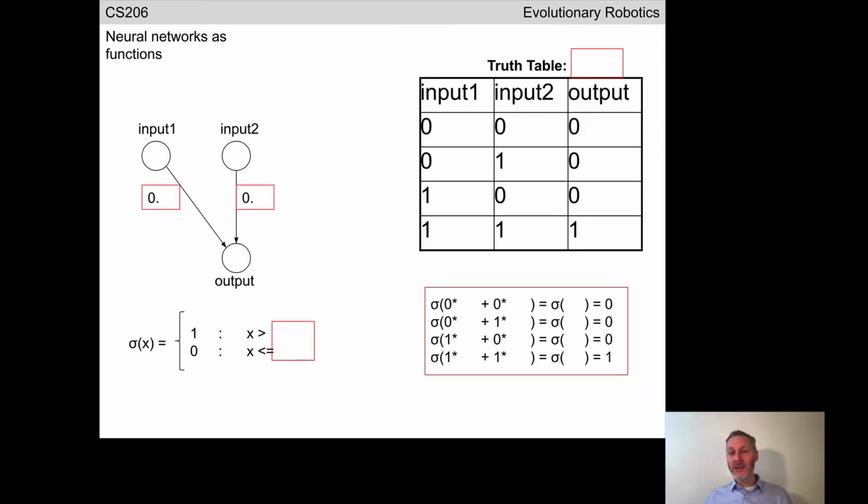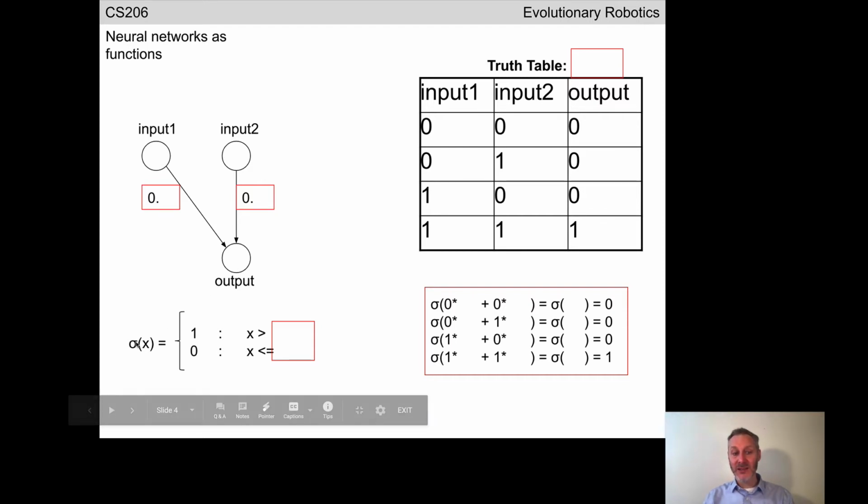Okay, we ended last time by exploring how neural networks can be constructed to compute functions, where we can supply values at the input layer, which are meant to be arguments to the function. We propagate the values through the network by computing these weighted sums and applying an activation function, and the value that arrives at the output is meant to be the result of that function.